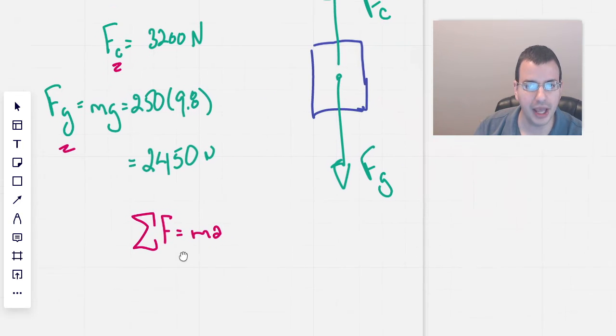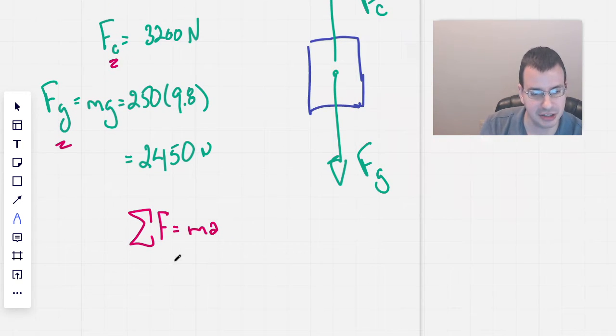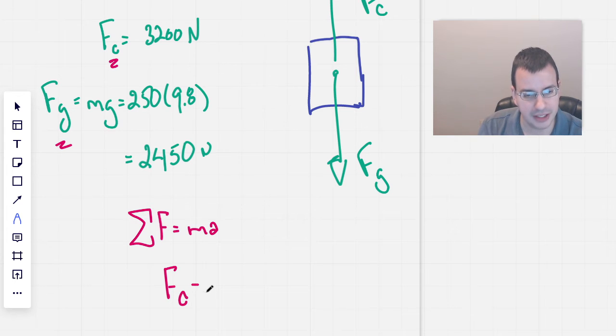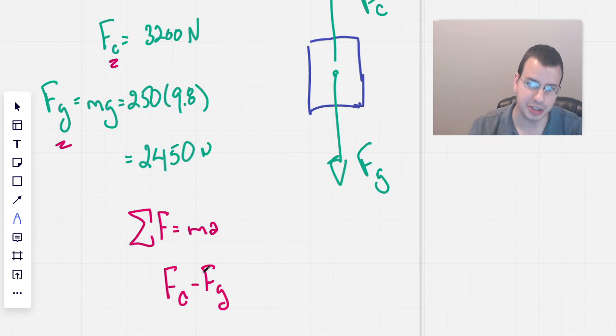So the way I'm going to write this is I'm going to say the sum of all forces is force crane minus force gravity. You might be thinking, well, this is the sum of all forces. Are they supposed to be added together? Yes. You could view this force gravity as just a negative force because it's going downwards.